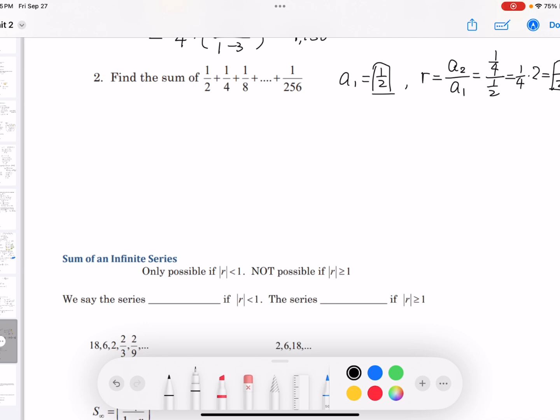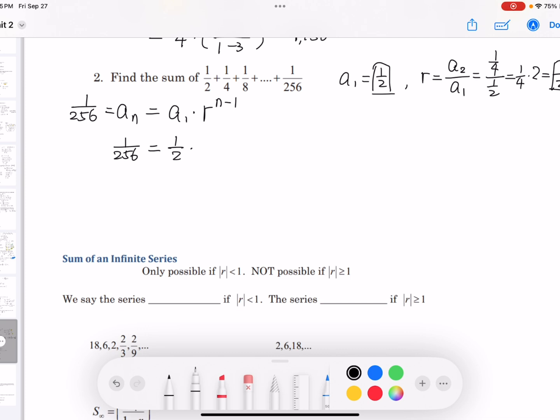Let's say the last term is a sub n, which is 1 over 256, is equal to a sub 1 multiplied by r to the n minus 1. So 1 over 256 is equal to a sub 1, which is 1/2, times r.